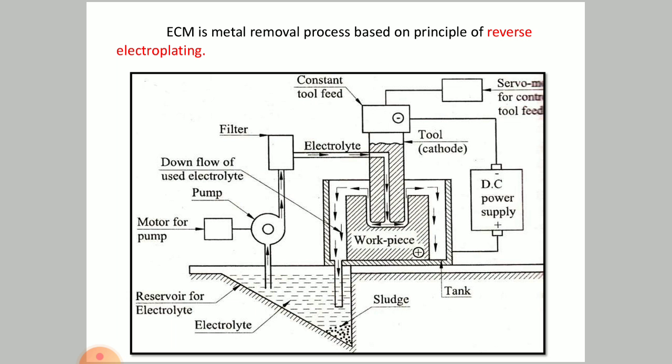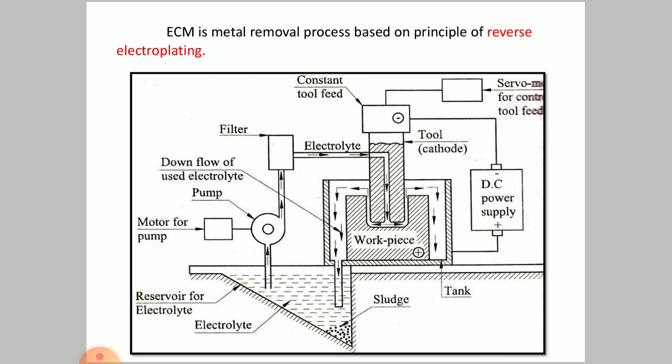For this, we have made arrangements of an electrolyte sump and a motor pump through which we supply the electrolyte. The supplied electrolyte is filtered, and as you can see in this figure, it is supplied through a hollow tool, which is a cathodic one, nothing but the negatively charged one.